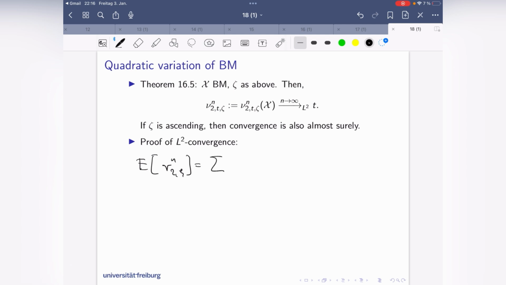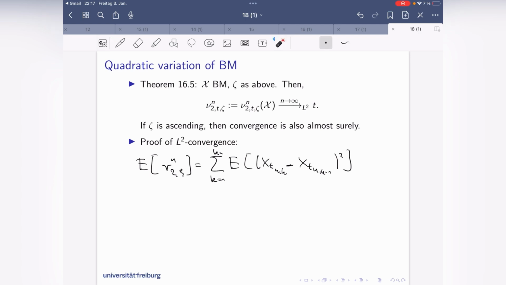And the expectation of the quadratic variation, so to speak. Well, that's just changing sum and expectation. Expectation of (x_{t_{n,k}} minus x_{t_{n,k-1}}) squared.